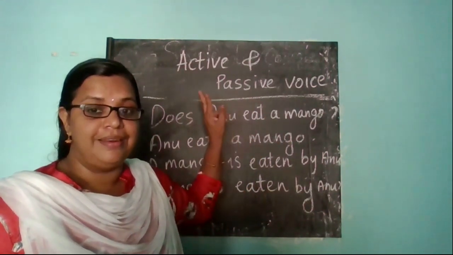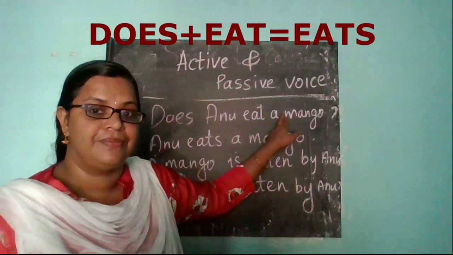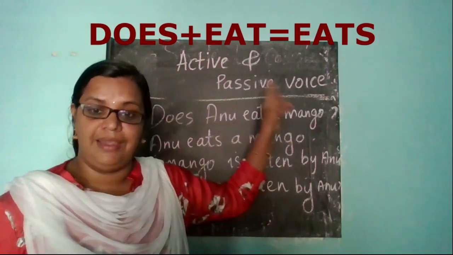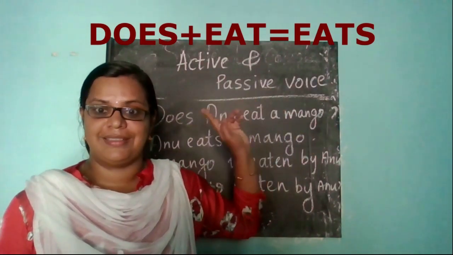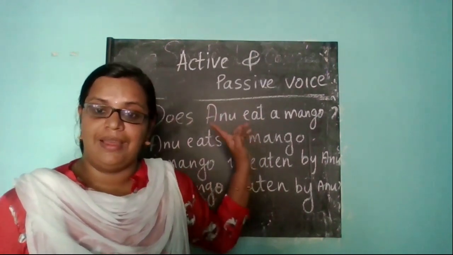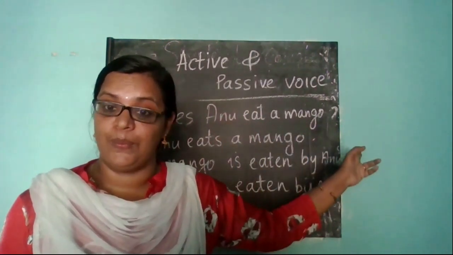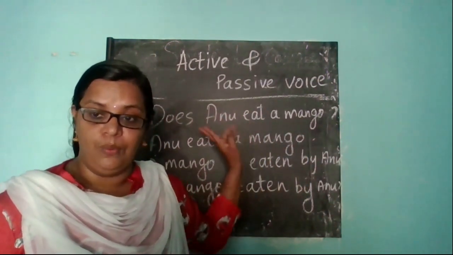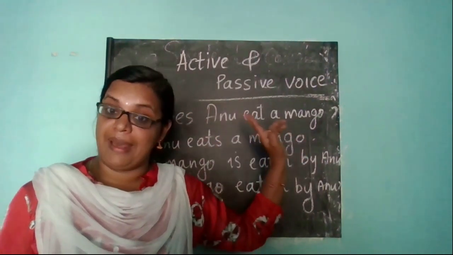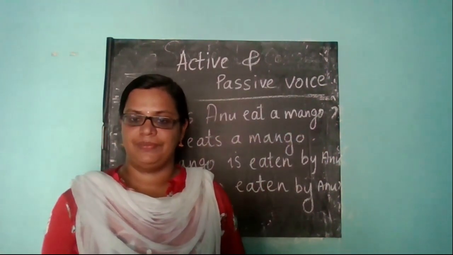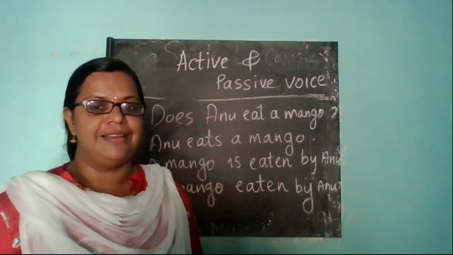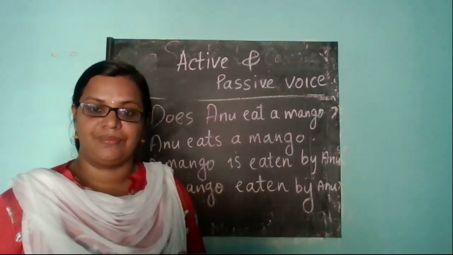Then does plus eat is equal to eats. Anu eats a mango. Subject Anu. Verb eats. A mango is object. Now the sentence is in assertive form.